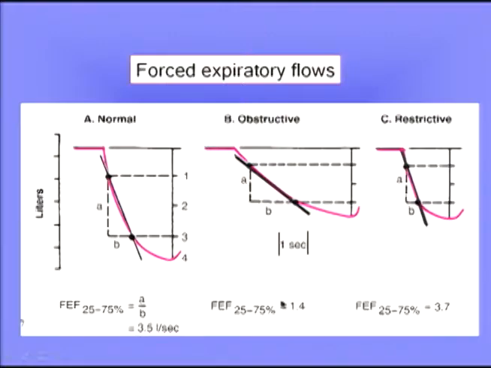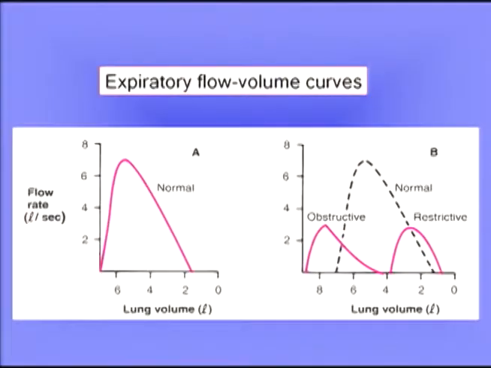Obstructive disease, of course, it was grossly reduced, 1.4. But in restrictive disease here, the forced expiratory flow is 3.7, actually exceeds the value in the normal subject. So again, that's an example of the fact that the patient is able to exhale initially at a very high flow rate. That's also seen in the flow volume curves.